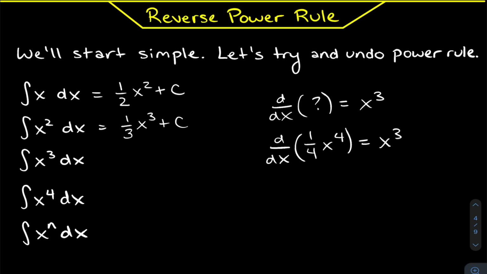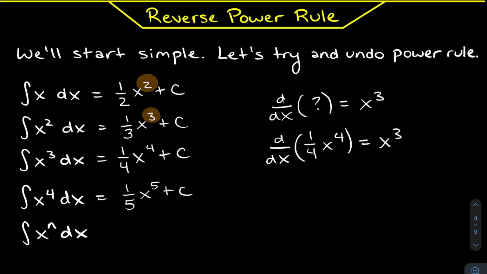And that'll give us our x cubed. And so what happens here is this ends up being 1/4 x to the 4th plus c, right? And so what would you say this would be? Well, it would probably be 1/5 x to the 5th plus c.